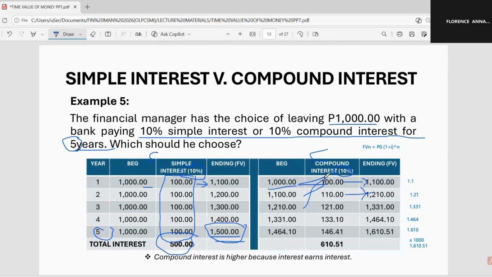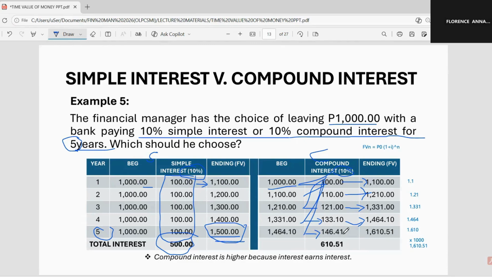You multiply the same with 10%, you'll get 121. And when you add that from your beginning to 1,210, you'll get 1,331. And when you multiply the same again with 10% interest rate, you'll get 133.10. You add that and you'll get 1,464.10.